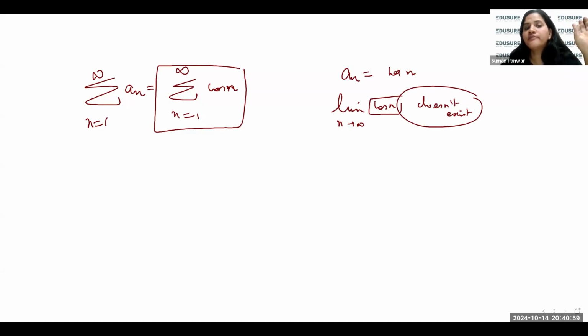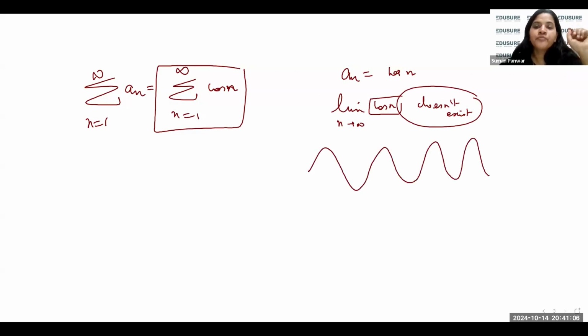It is not going to a fixed value as n approaches infinity, because it is oscillating between +1 and -1. So this test is very handy in checking the convergence or divergence of a series. In fact, if you need to prove that a series is not convergent, the first test you should think of is this test. You should calculate limit n tending to infinity a_n.